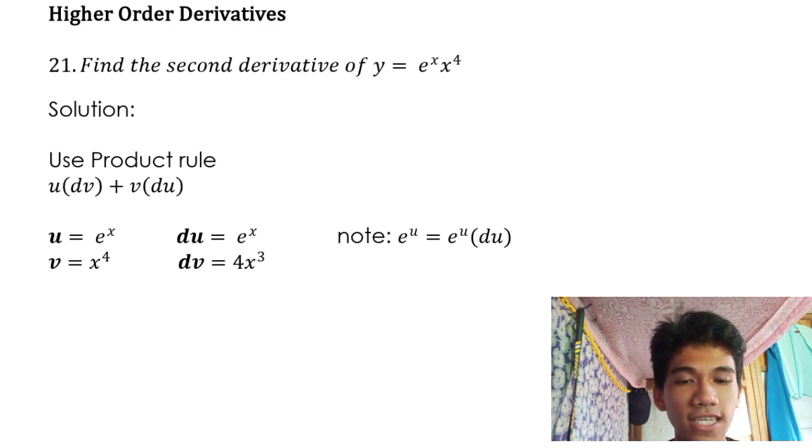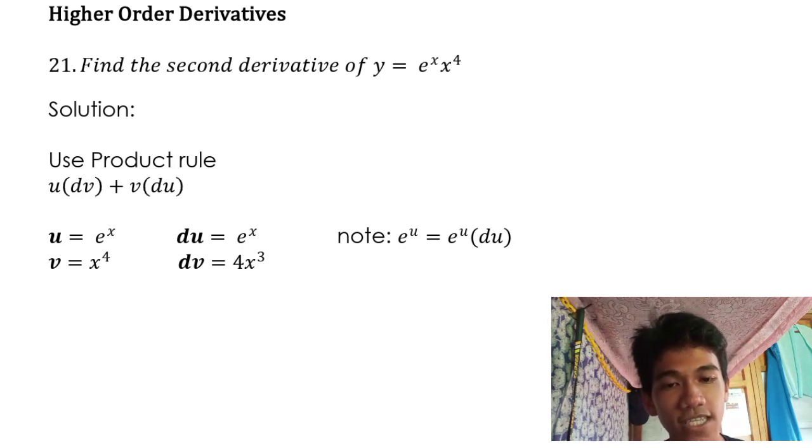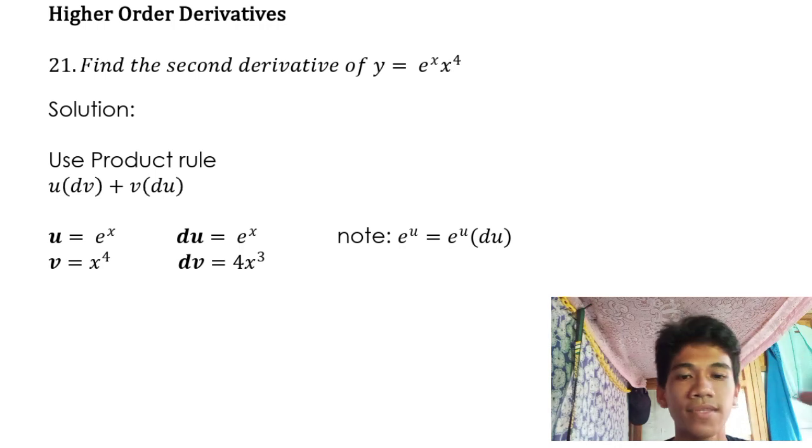Finding the derivative of v, we're going to use the power rule: bring down the exponent, which is 4, and then subtract 1 from the exponent of x. So we have the derivative of v, which is 4x cubed. After that, substitute the values of u, v, the derivative of u, and dv into the product rule.